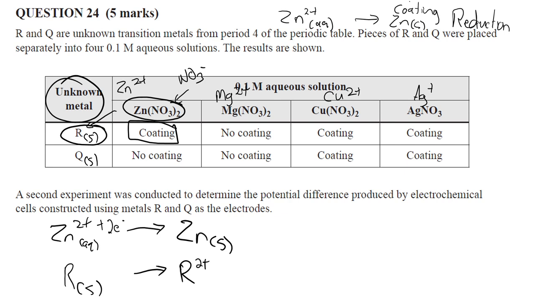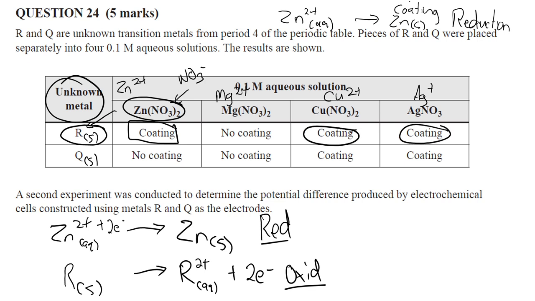And let's just say 2 plus in this case. So we have our reduction half reaction, we have our oxidation half reaction. Wherever you see a coating, it means that the solution is being reduced.